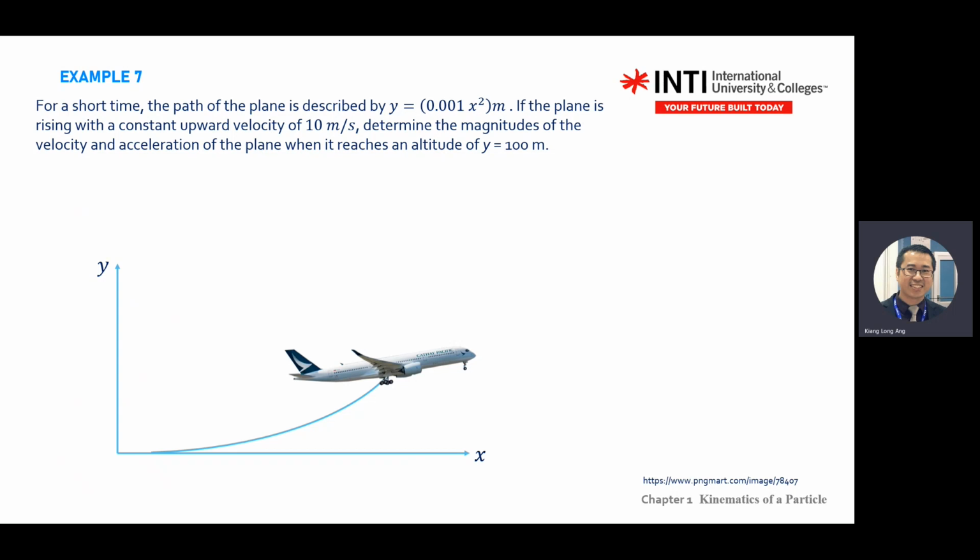Determine the magnitudes of the velocity and acceleration of the plane when it reaches altitude y equal to 100. You need to find the velocity when it reaches 100. Here, 100, you extend, then move down, you need to find your x also. Because velocity in vector form, you need to find the x dimension, y dimension, z dimension. This one doesn't have z.